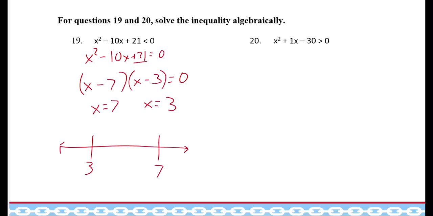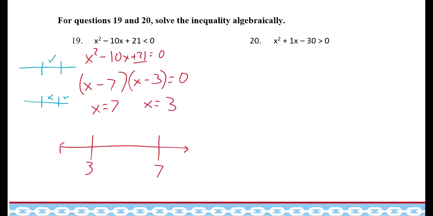Because what I end up with is 2 options. On my number line, I can have the valid solution in the middle, or I can end up with the valid solution on the outside parts.